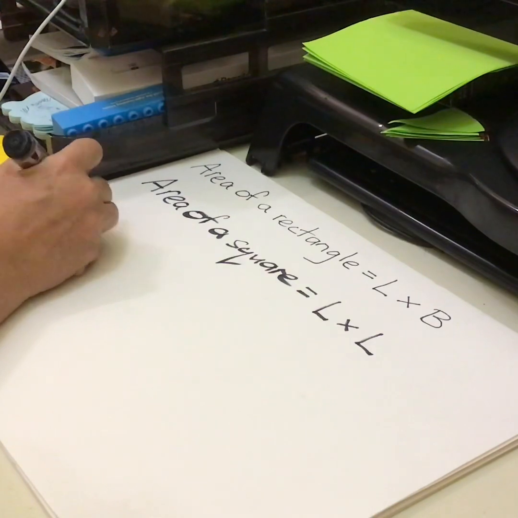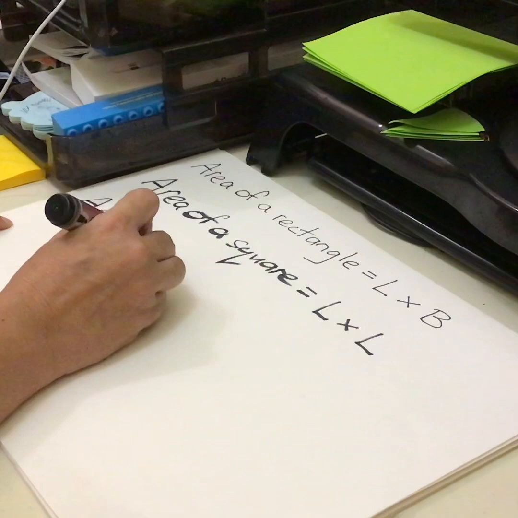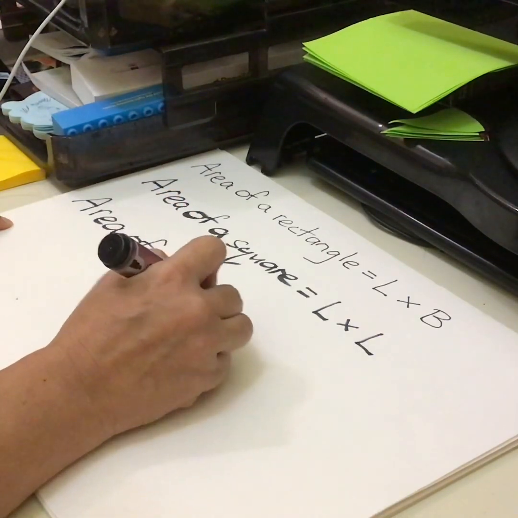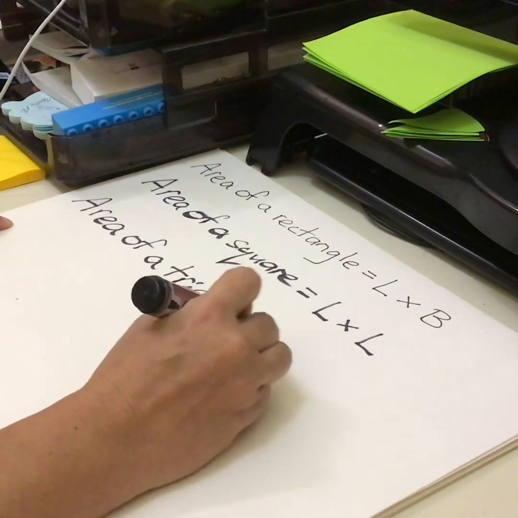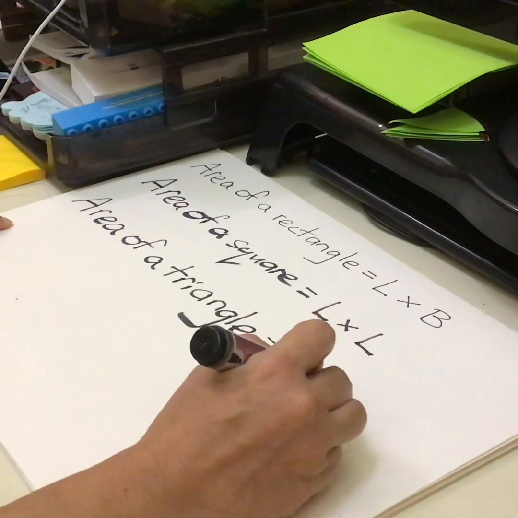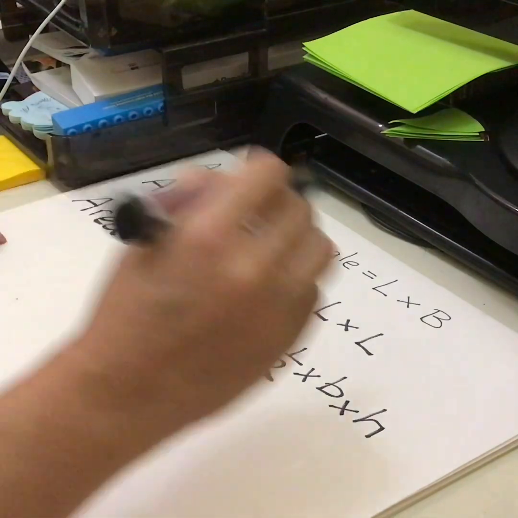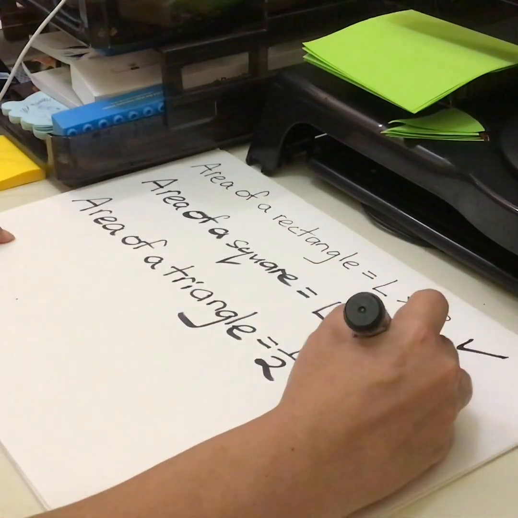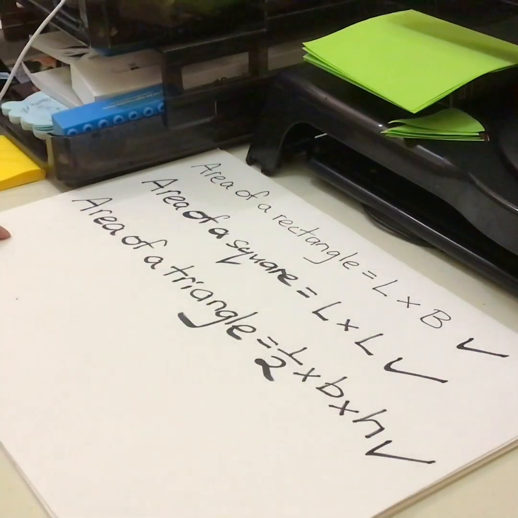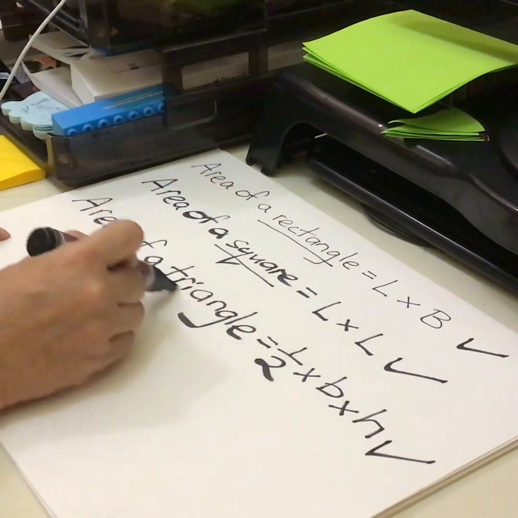In primary 5, you have learned that area of a triangle equals to half multiplied by base multiplied by height. So these are the 3 formulae that you have learned to find the area of a rectangle, a square, and a triangle.